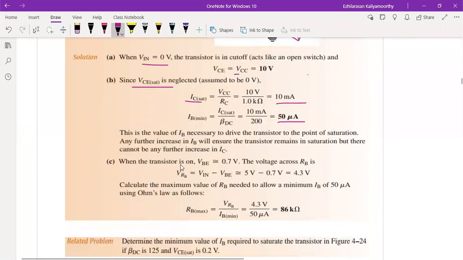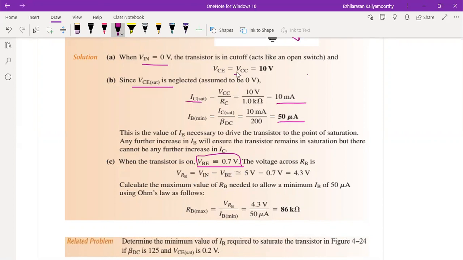So now when the transistor is on, VB is equal to 0.7. Very simple here. VB is approximately 0.7. This is nothing but the threshold voltage we can say. So to turn on this transistor, we need a minimum voltage. The minimum voltage of 0.7 is required across the base and the emitter terminal. The voltage across the RB, that is the base resistance, is VRB equal to input voltage minus VBE.